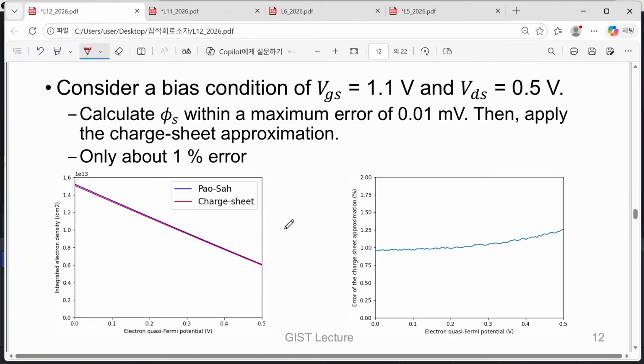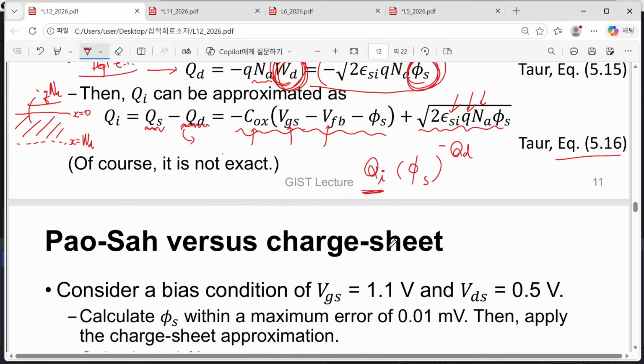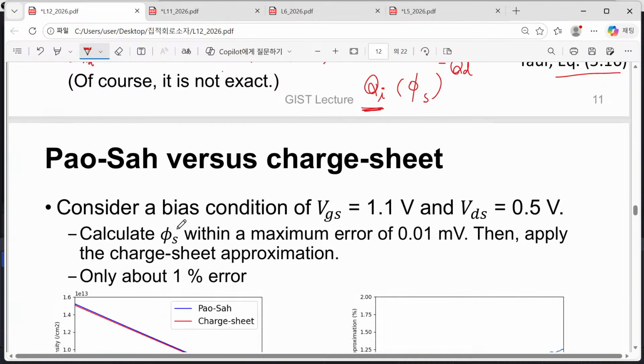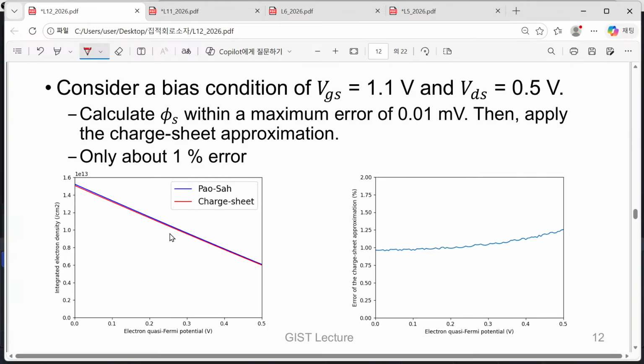Well, this one gives us the comparison between Pao-Sah and the charge sheet model. The charge sheet model is the name of the approximation we have already seen here. In this case, the electron quasi-Fermi potential is corresponding to the V value, which is corresponding to the Y value, and integrated electron density means that this is corresponding to Q sub I. And blue and red are obtained from Pao-Sah and the charge sheet model.